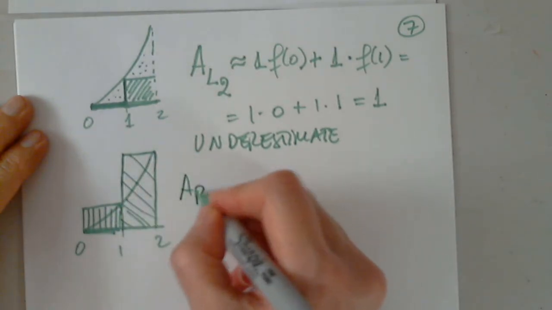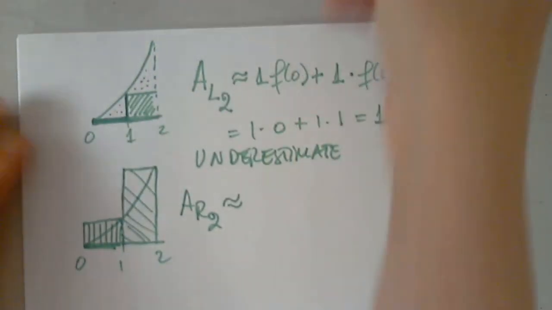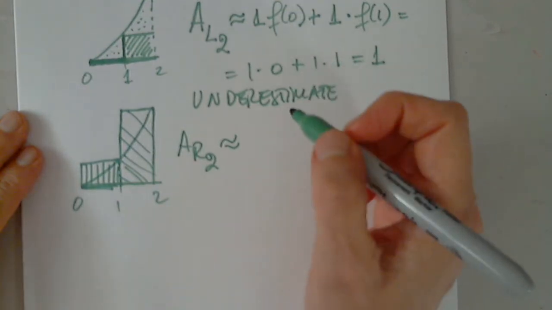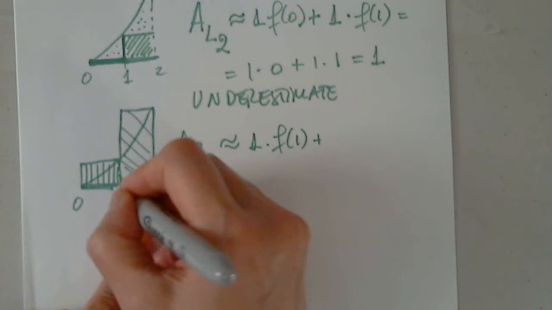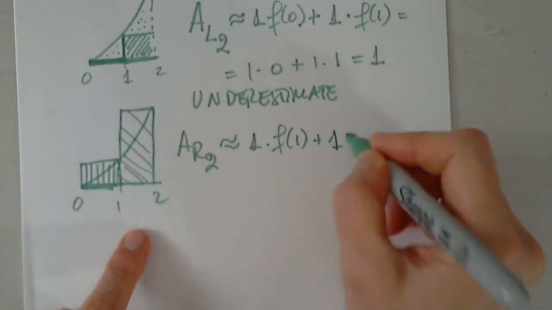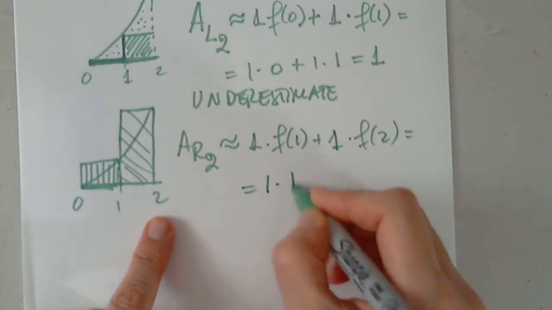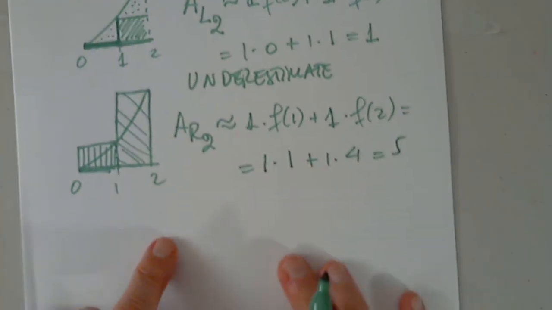So the area with the right endpoint will be approximately base 1 times f of 1 plus base 1 times f of 2. The answer will be 1 times 1 plus 1 times 4. So the area is 5.